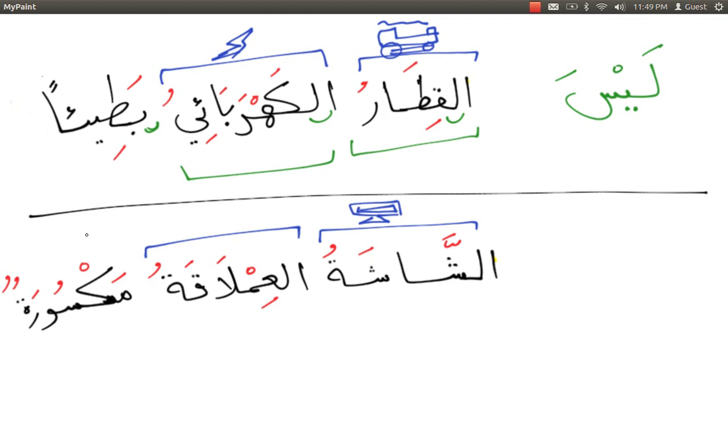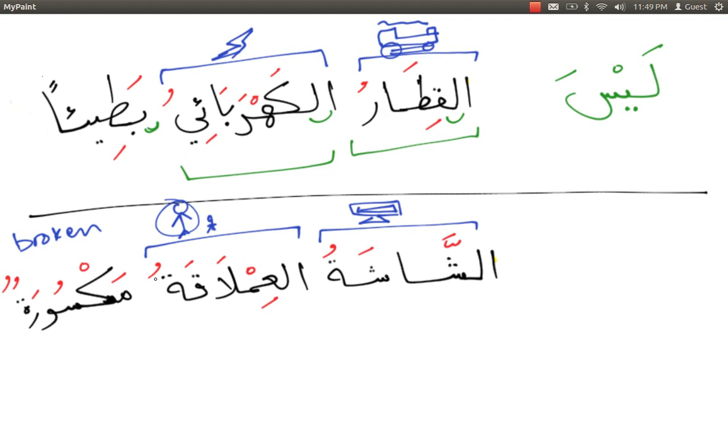مكسورة, or مكسور, the masculine form, means broken. Okay, so الشاشة العملاقة مكسورة. The huge screen is broken.